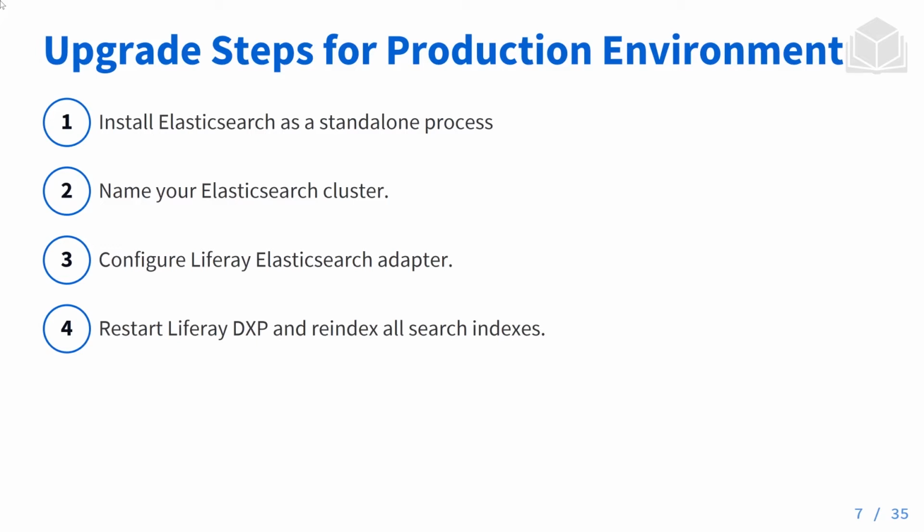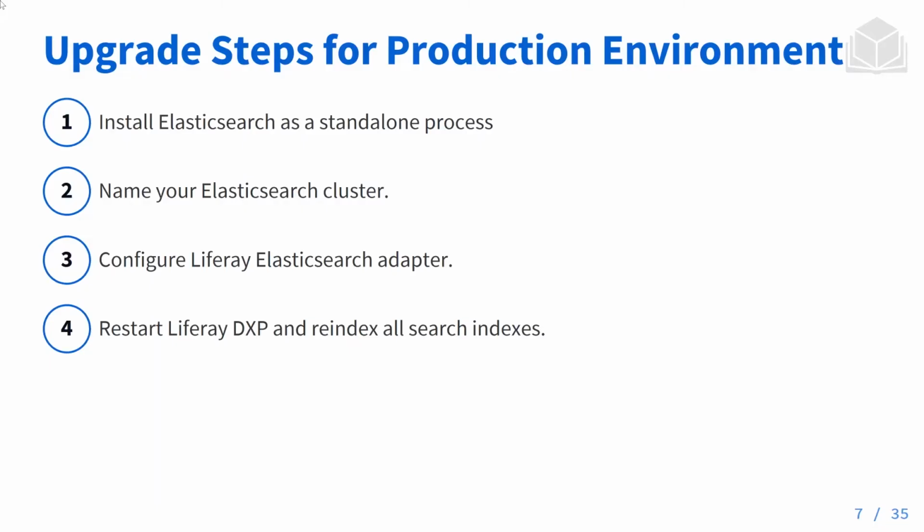Next up, we're going to do a little bit of configuration on the Liferay side. We're going to tell Liferay, hey, we have an Elasticsearch server. This is where it is. This is the Elasticsearch cluster, and a couple of other tidbits we need to add. And once we have that, the last step is just to restart Liferay and re-index. So install Elasticsearch, configure Elasticsearch itself, configure Liferay to point to Elasticsearch, and then restart and re-index. Those are going to be our four steps.